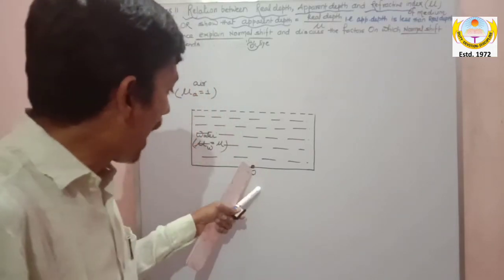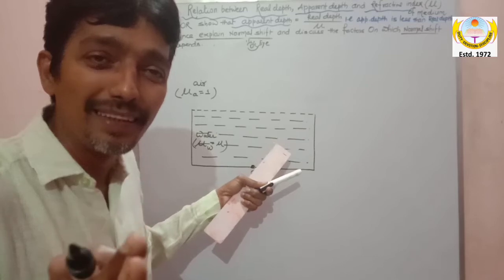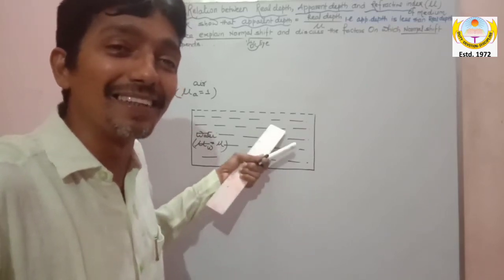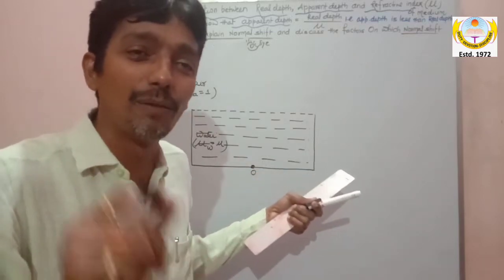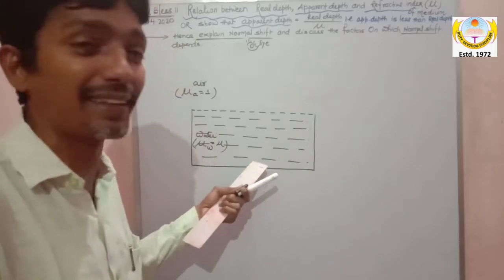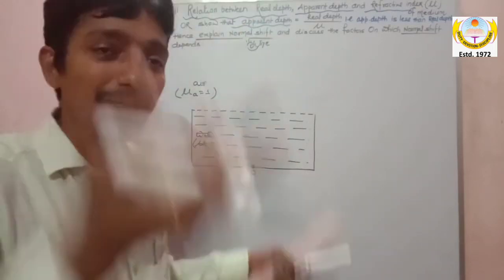And this coin appears to be raised up. Not really it's raising up. Generally really वो raise नहीं होता है. But it appears. Virtual image है. Take from my side. Virtual image of this object apparently appears as if it is raised up.